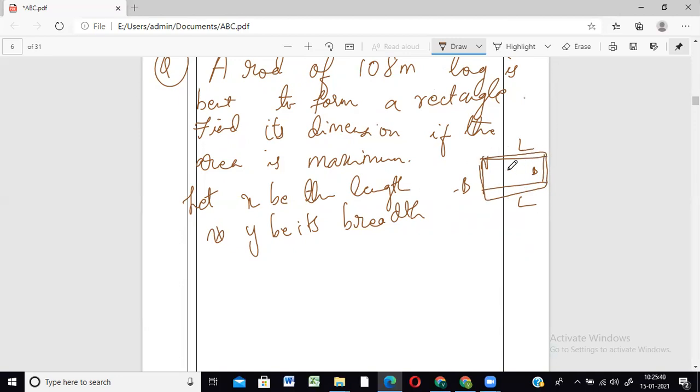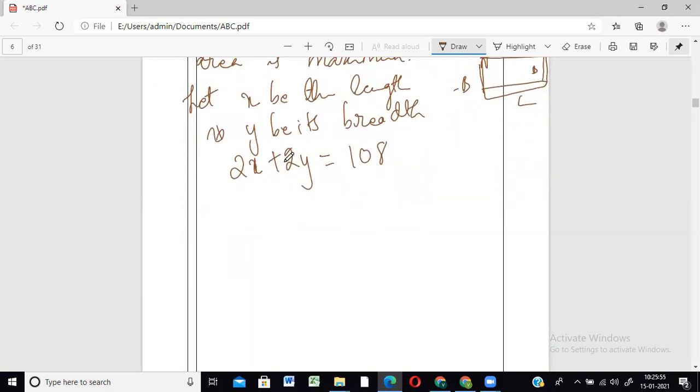So how will you write that? In four sides there are 2 lengths and 2 breadths. So that is nothing but 2 times x plus 2 times y, right? So that is equal to 108 because the entire rod is bent in the form of a rectangle. And x is length and y is breadth, so 2 lengths and 2 breadths equals 108.